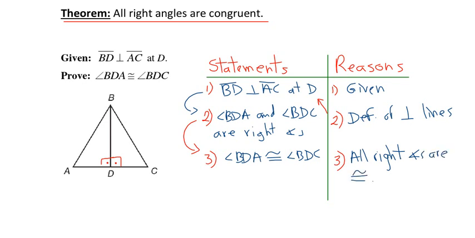So I'm writing here the theorem itself. I don't think the theorem has a name, so we cannot put a name over here. We write the theorem itself: all right angles are congruent. That's our reason for writing step number 3. And so that is how we would use definitions, and in this case, a theorem.